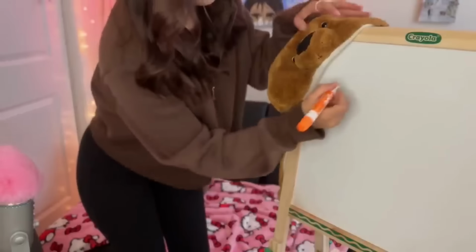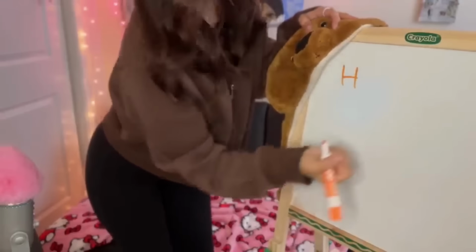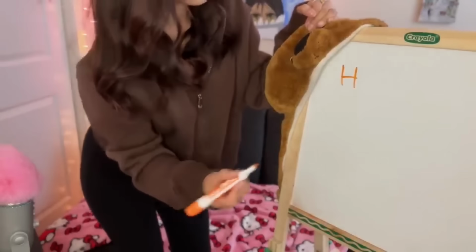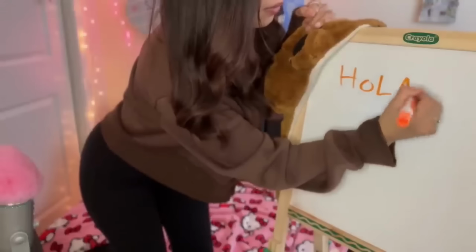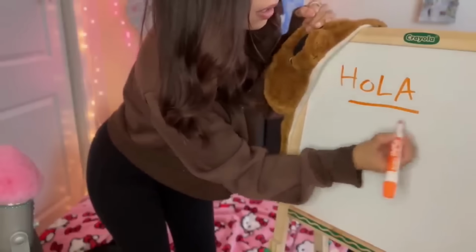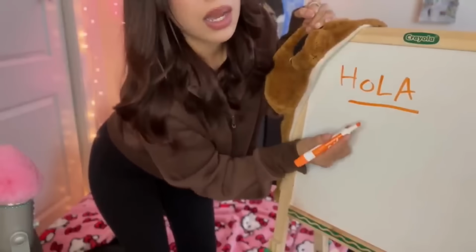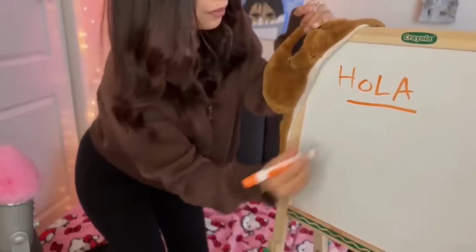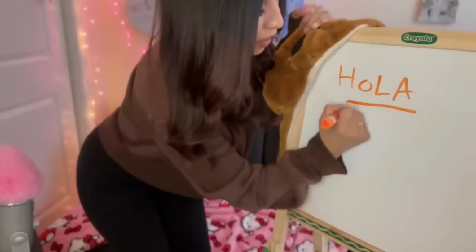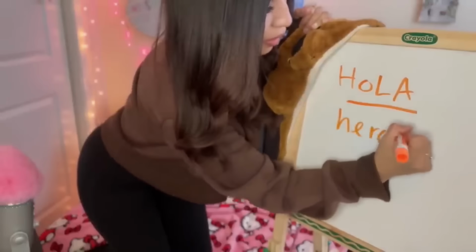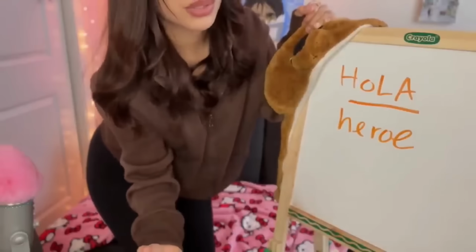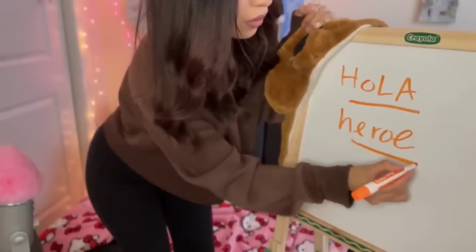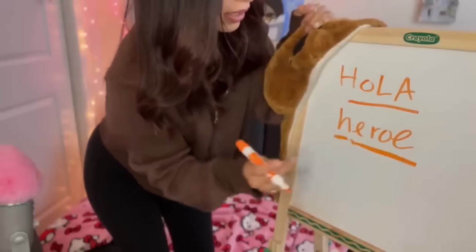Another difference is H, which would be the next one. And H is silent. So if we had hola, you would pronounce it without the H. And then if you had héroe, which is hero, you would say héroe, because the H is silent.